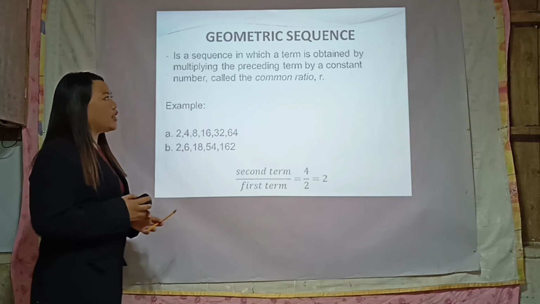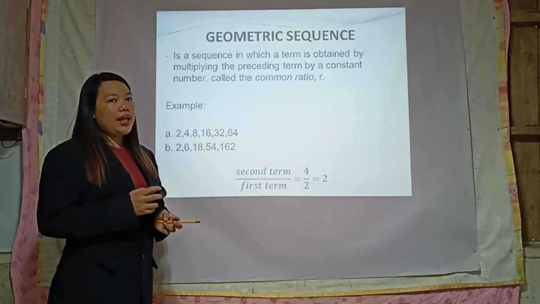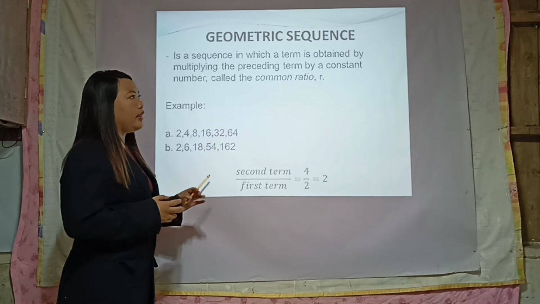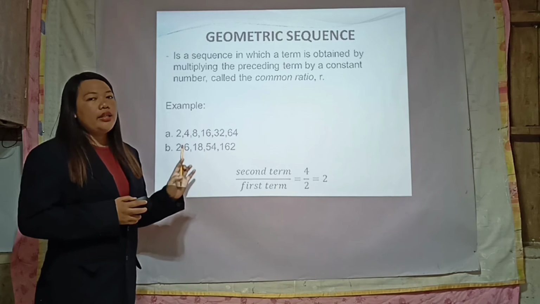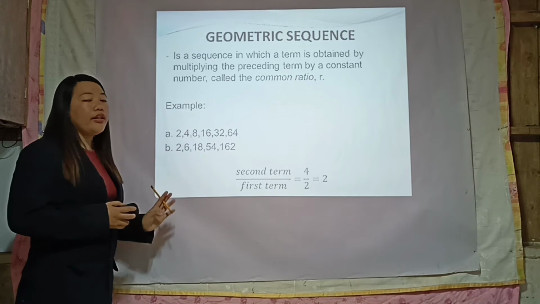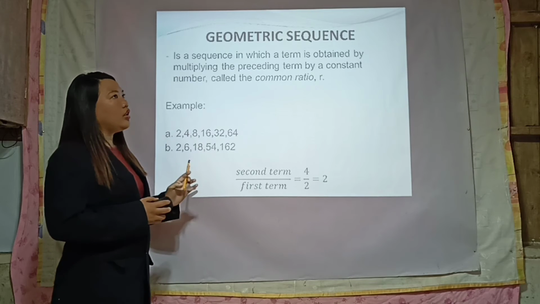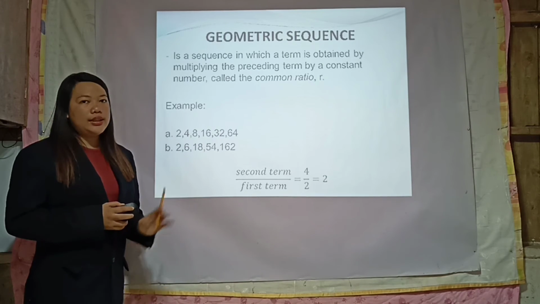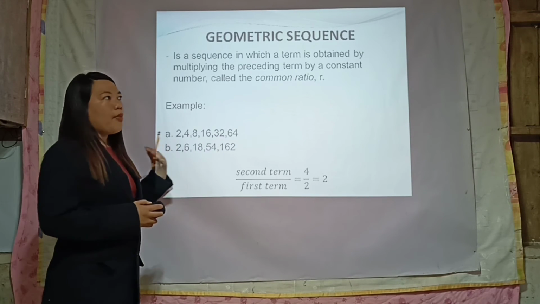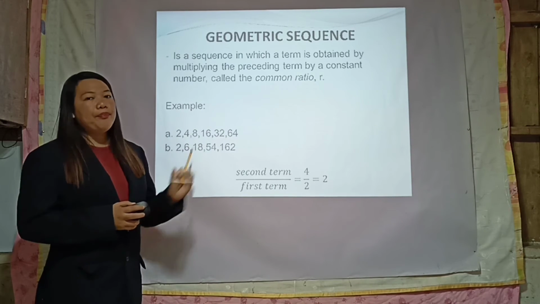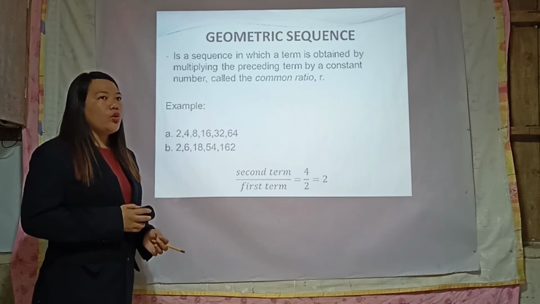While in geometric sequence, it has a common ratio, which we get by dividing the second term by the first term. So in order also to continue the sequence, just multiply the first term by the common ratio and so on.